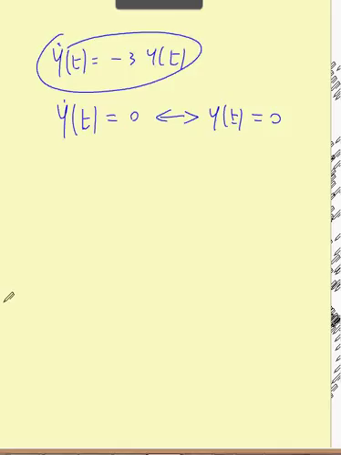The speed of this object in space is 0. So it's an equilibrium. And what is the value of y which gives a speed equal to 0? It is y equal to 0 in this case. So the solution that we can call y star, the equilibrium solution, is 0.